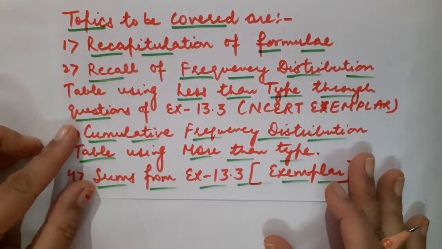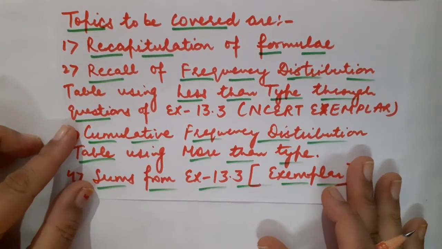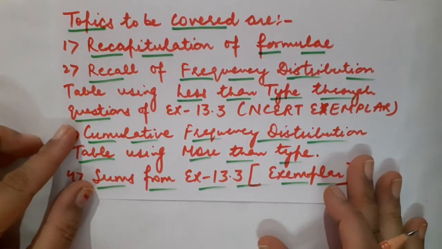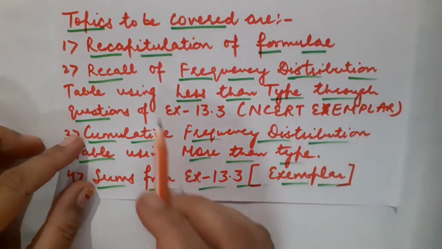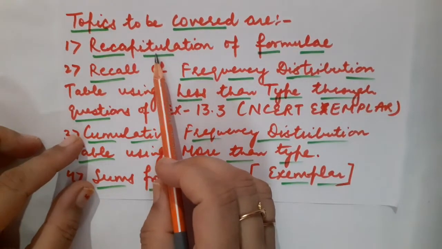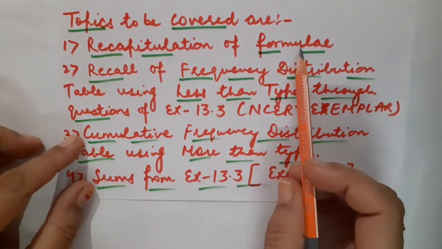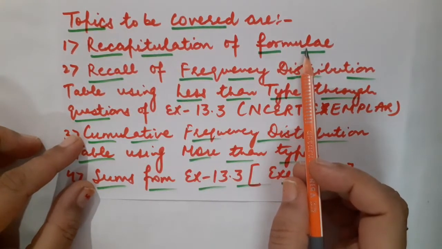So, children, in today's lecture, that is lecture number 6 of chapter number 14, statistics, the topics which I am going to cover are: number 1, I will make you recall all the important formulae which we have learned so far.